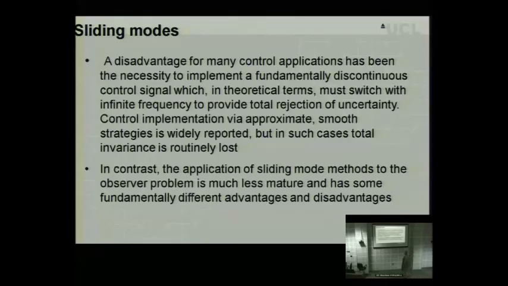Now, once we start thinking of the observer problem as we've seen, we can relax. It becomes much more straightforward. At the heart of any observer is a model. So you've got some sort of system that's usually a control system. It's got some sort of feedback in there.